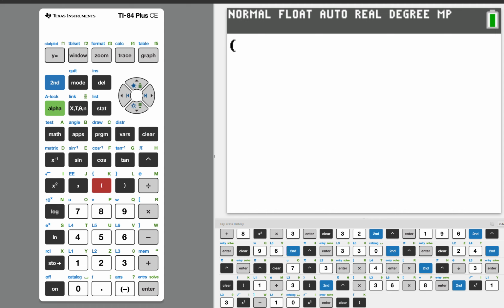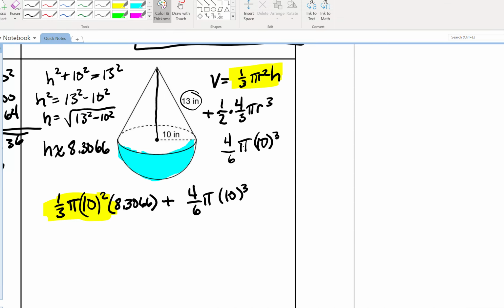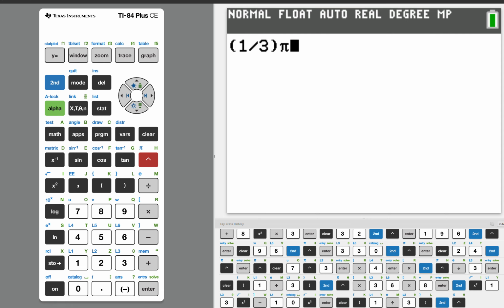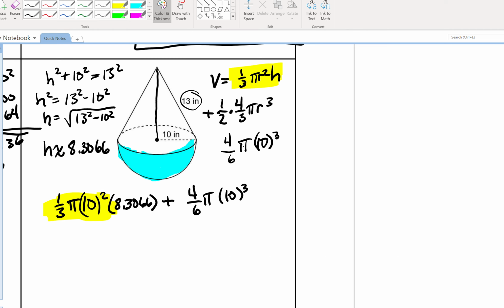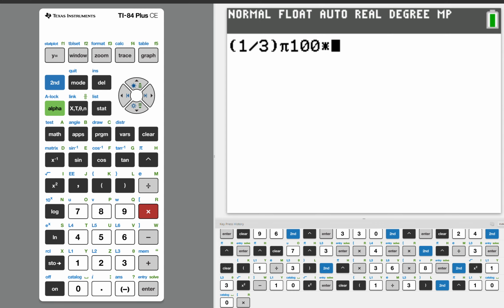So I'm going to take first 1/3 times pi times the radius, which is 10 squared. I'm just going to type that in as 100, times 8.3066.